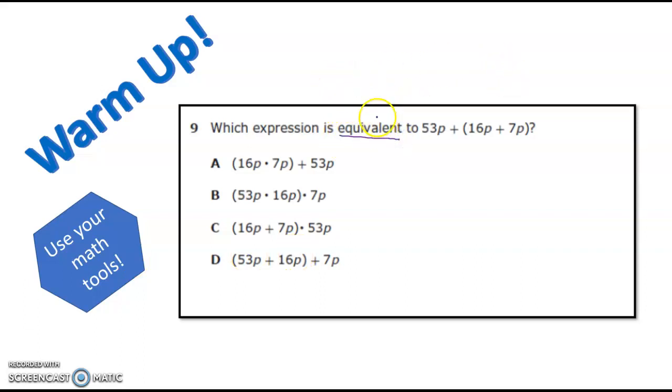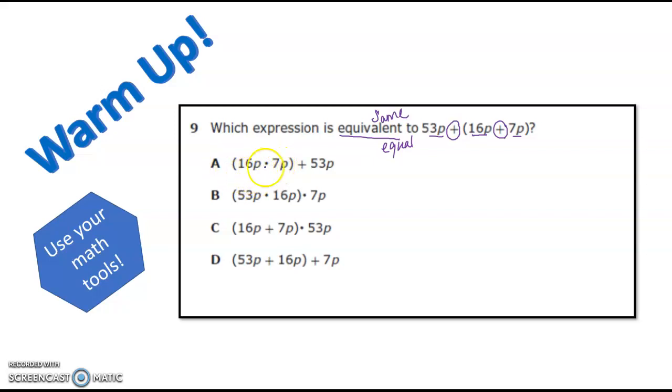Remember, equivalent means the same or equal to 53p plus parentheses 16p plus 7p. Notice these are multiplied, but in between them there's no multiplication. It is all addition. So we can automatically rule out any answer choice that has multiplication between the different variables.